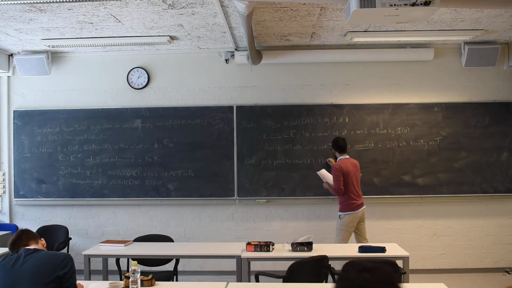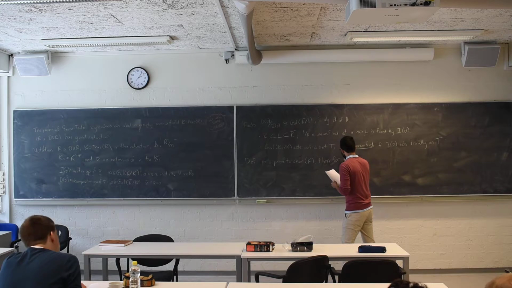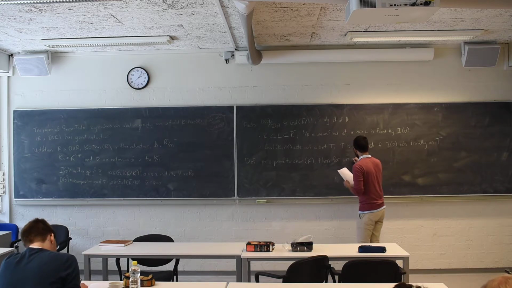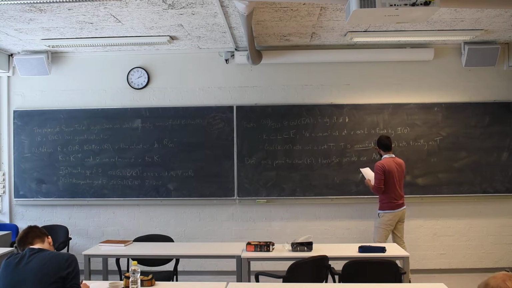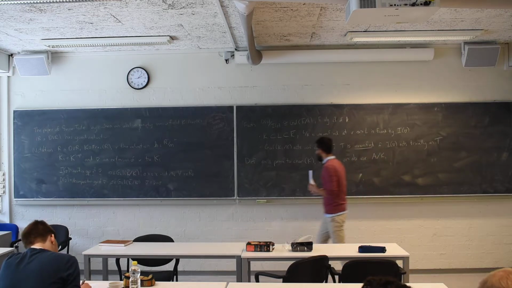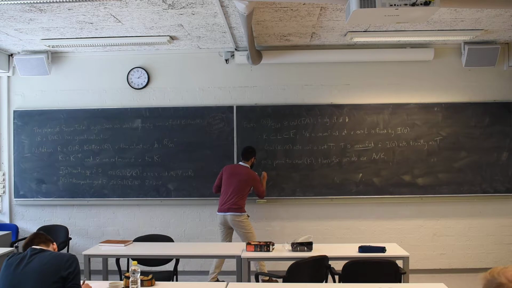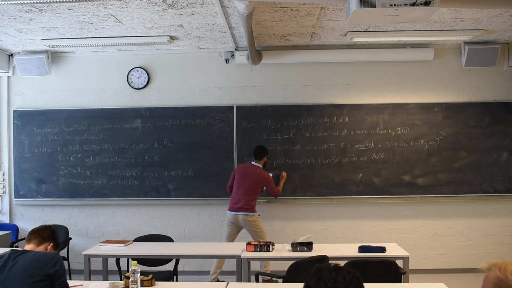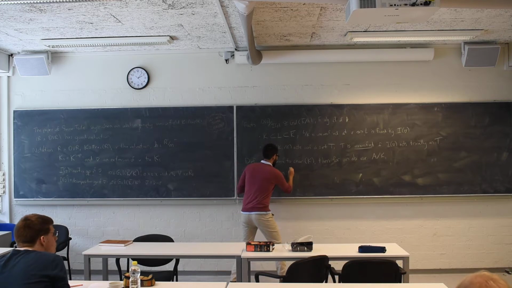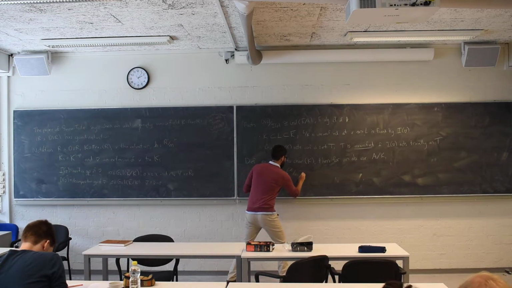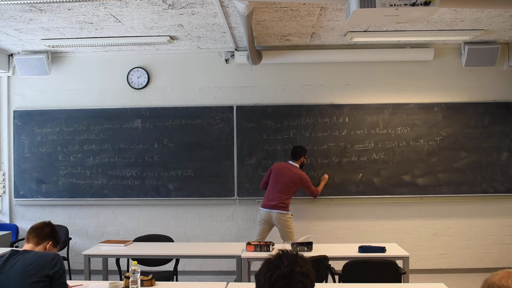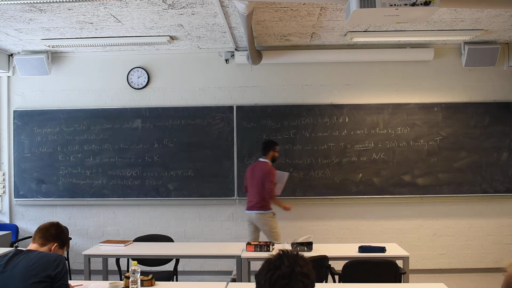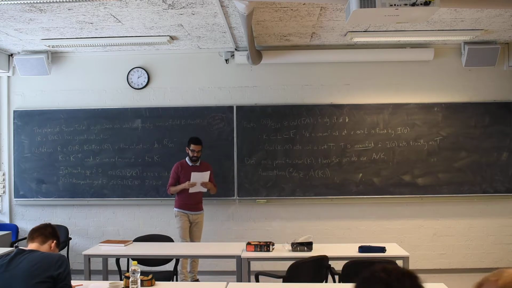then for an abelian variety A over K, we define A sub M to be the set of group homomorphisms from Z modulo MZ to the set of Ks rational points of our abelian variety.